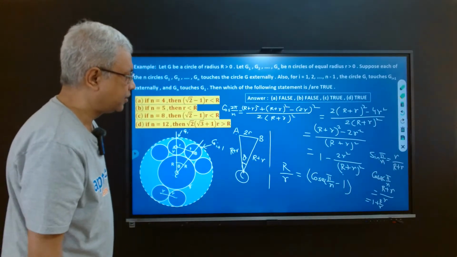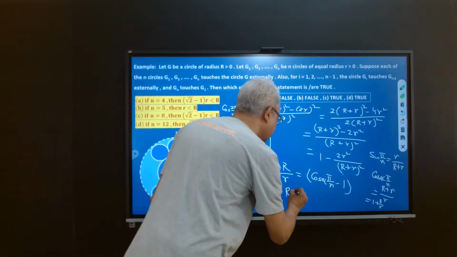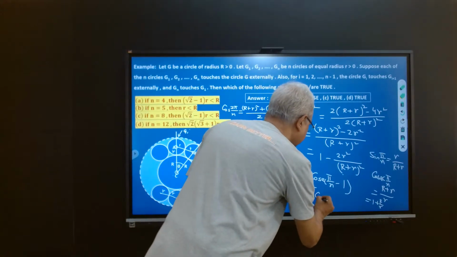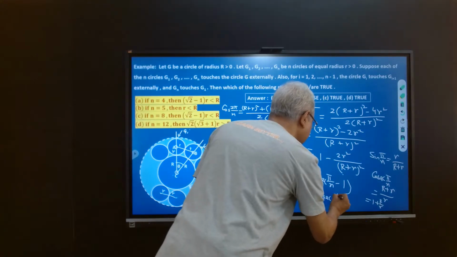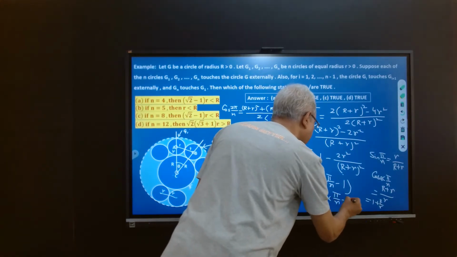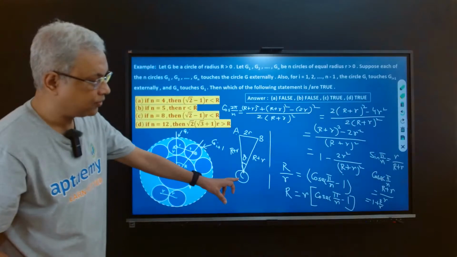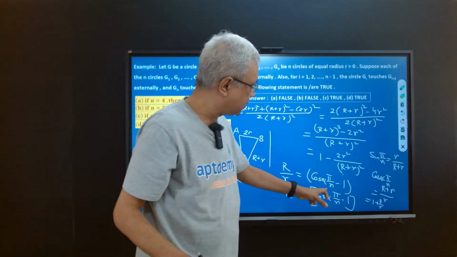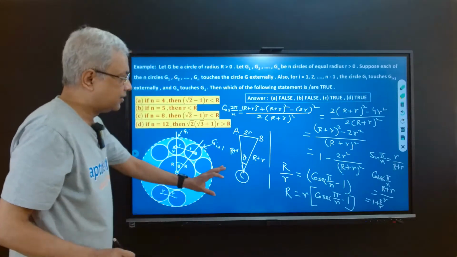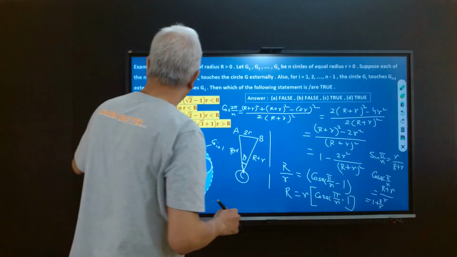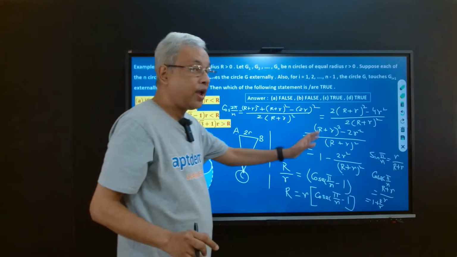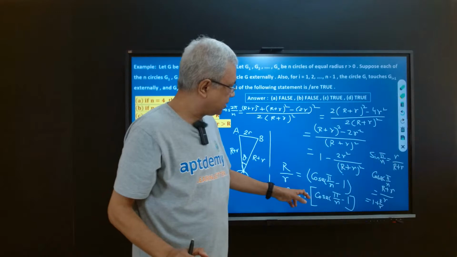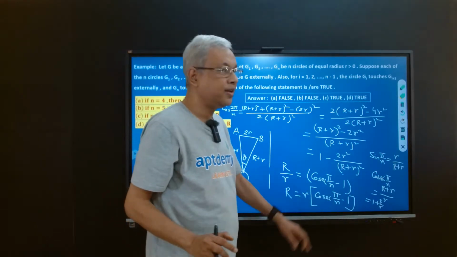Okay, so capital R is r multiplied by cosec pi by n minus 1. We can write this formula: capital R equal to small r cosec pi by n minus 1. This formula I will use in solving this problem. So we have to derive a formula to work out this problem.